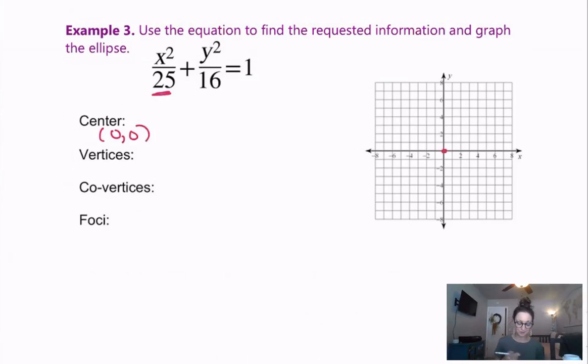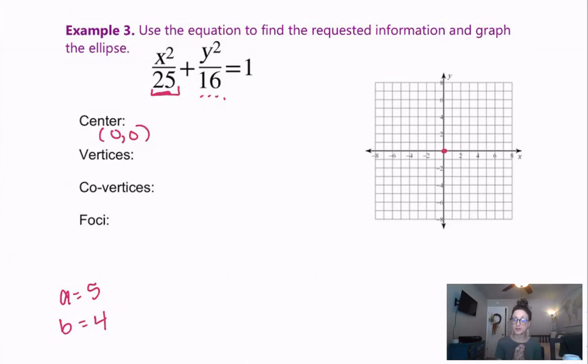Okay, now let's go to our A. Take your larger number and take the square root. That's going to be 5. And B, take your smaller number in the denominator, square root, that's going to be 4. To find my vertices, I start at my center and I add A and subtract A. Do you add and subtract that to your x coordinate in the center or your y?